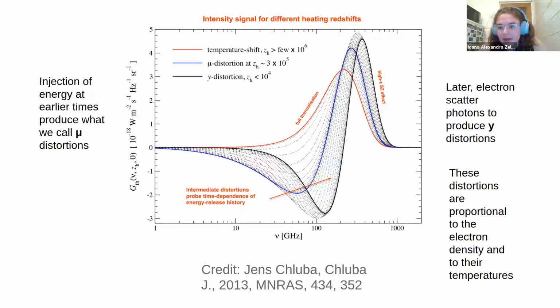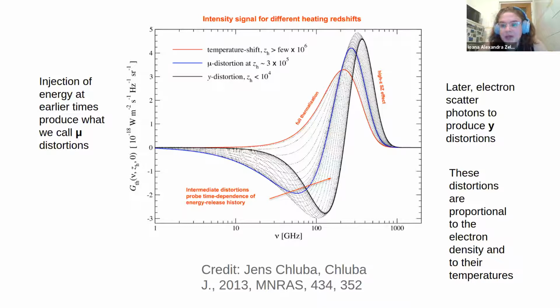So at earlier times of the cosmic microwave background, we see energy injected, and we get distortions that are characterized by what we call the chemical potential mu, and those are called mu distortions. And later, we see electron scattering photons, which produce what we call the Y distortion.